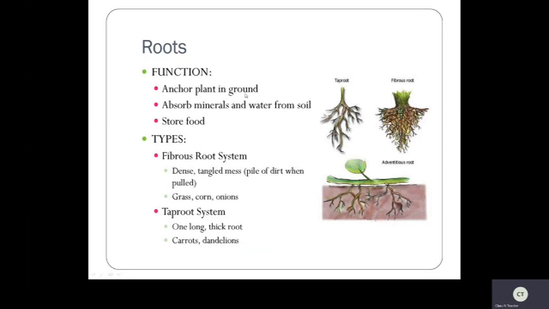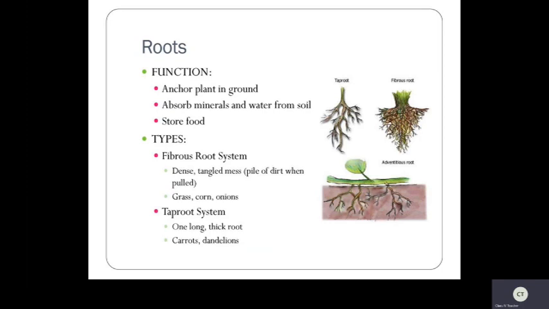Anchor plant in ground. See here, this is the ground. Anchoring means they help in holding the soil. Who holds the soil? Roots. Slowly they enter into the soil and hold inside the soil. By that, the plant will stand erect.